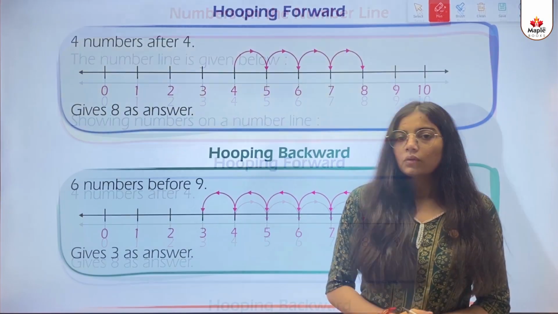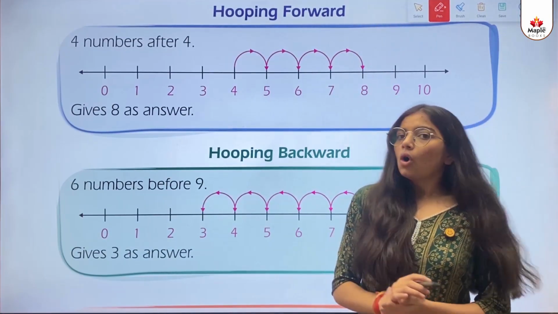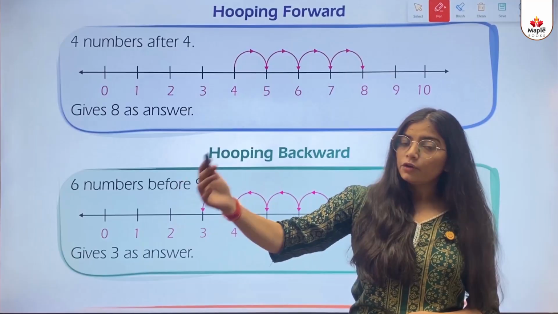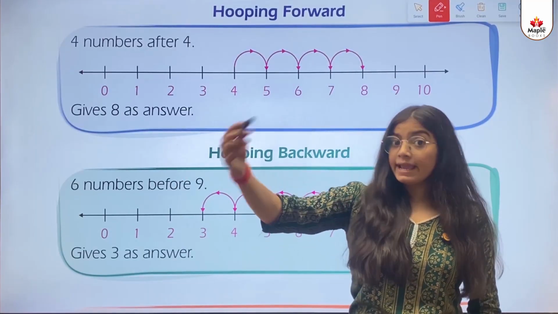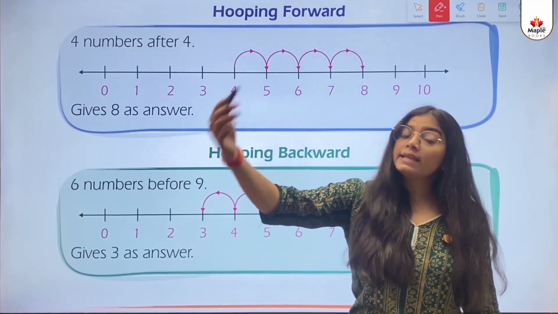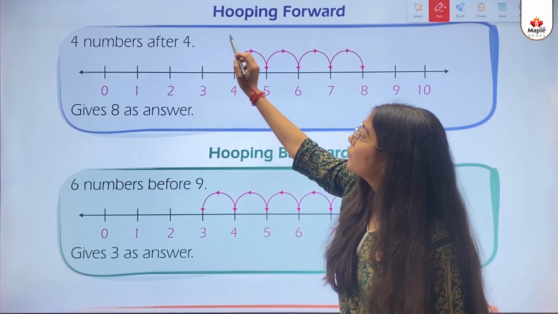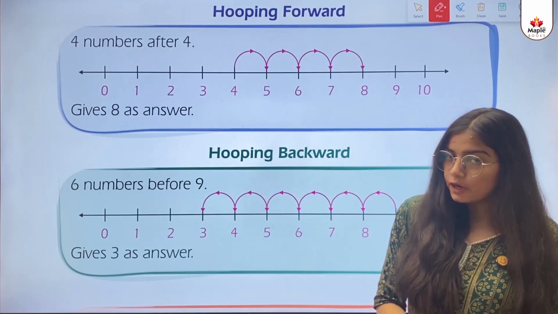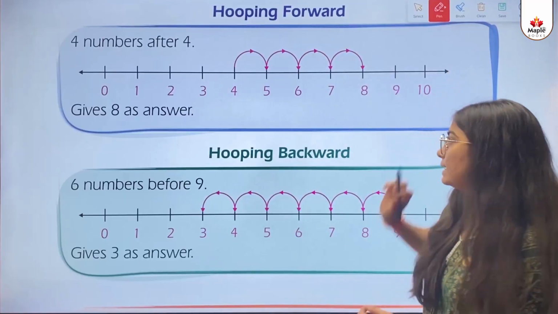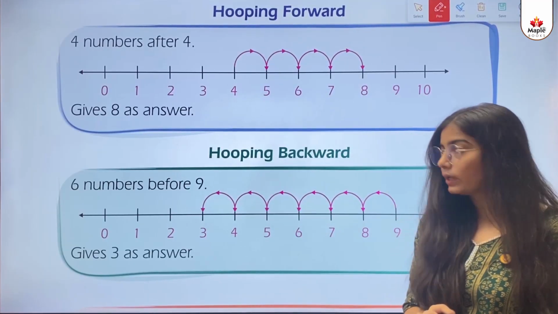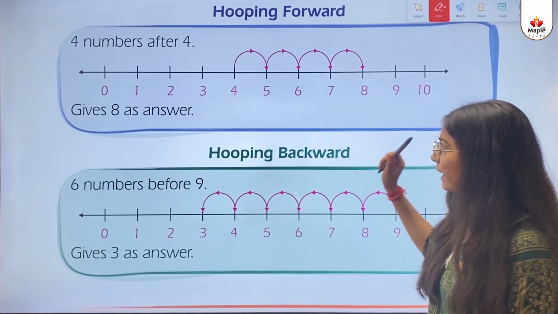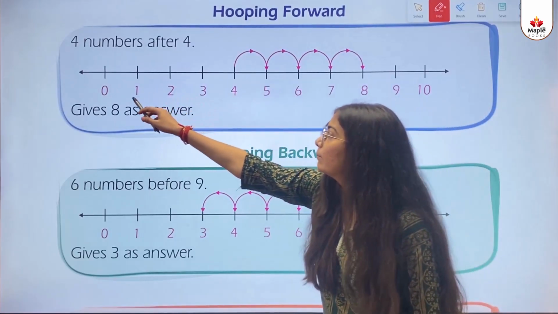Okay. What is written here? Hopping forward. Forward means next. Something next. 4 numbers after 4. So first we need to make a number line. First we make a number line and then we write numbers.